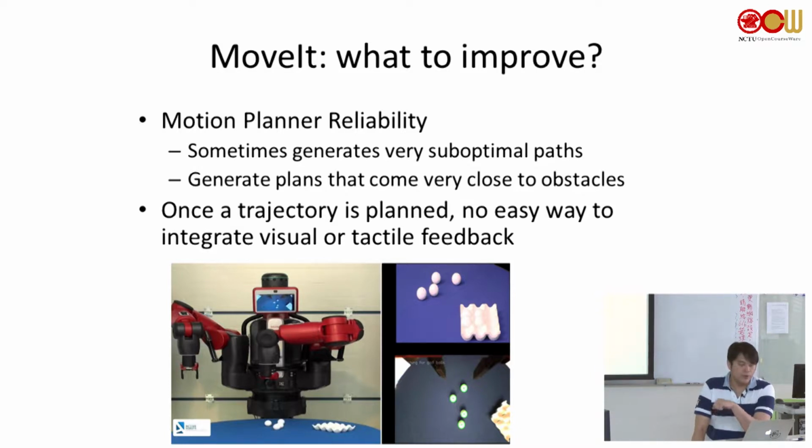For example, sometimes the planner will generate suboptimal paths. Maybe the algorithm is not that good, so the planning result is not satisfactory. The second thing, also about the planner, is that it sometimes generates a plan that's too close to an obstacle. For example, last week we talked about the Voronoi algorithm.